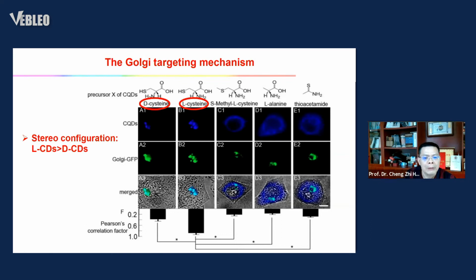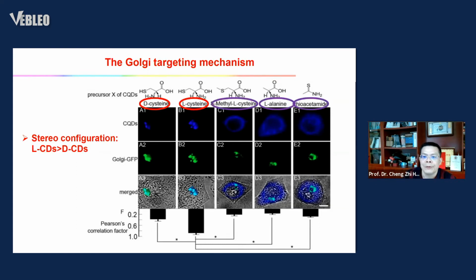Carbon dots prepared from precursors without a chiral center are found to randomly spread in the cells, reinforcing the significance of a proper stereo structure of the carbon dots for Golgi targeting.